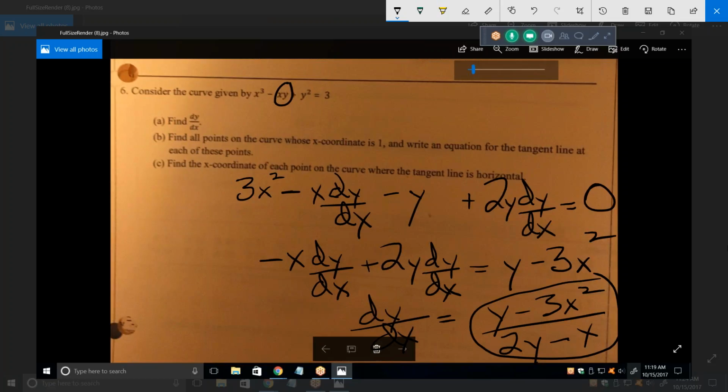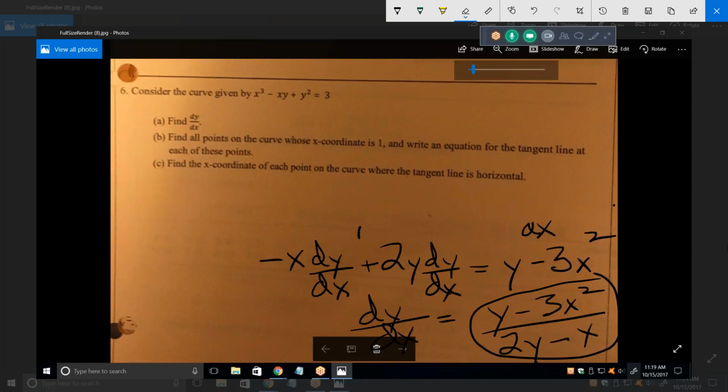Now, for B, let me erase some of this stuff. I don't think I need any of this anymore. All I need is what the derivative was.